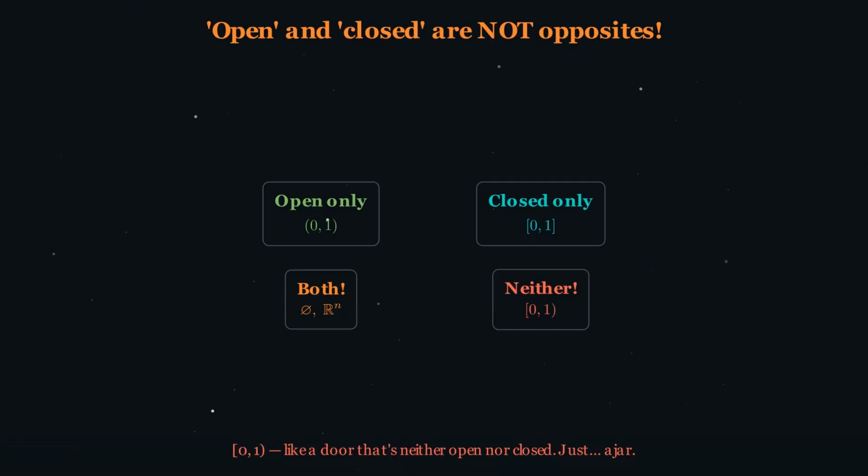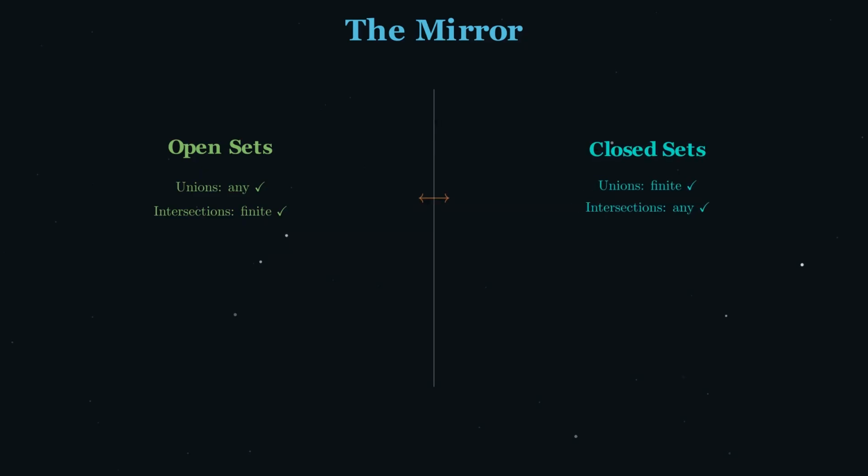ajar. Now here's a beautiful consequence, and watch how it mirrors the open set theorems. Theorem 3.13. The union of a finite collection of closed sets is closed, and the intersection of any collection of closed sets is closed.